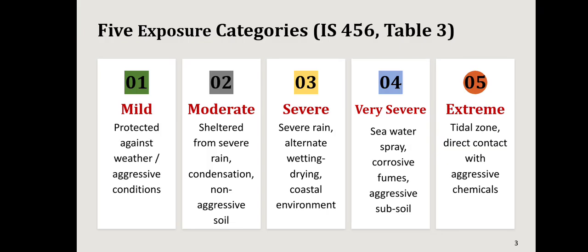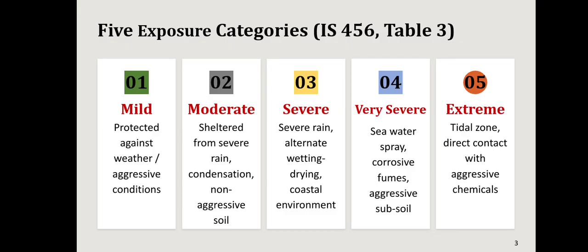The five major exposure categories as per IS 456 Table 3 are mild, moderate, severe, very severe, and extreme. In the case of mild, it is protected against weather or aggressive conditions. In the case of moderate, the structure is sheltered from severe rain, condensation, and non-aggressive soil.